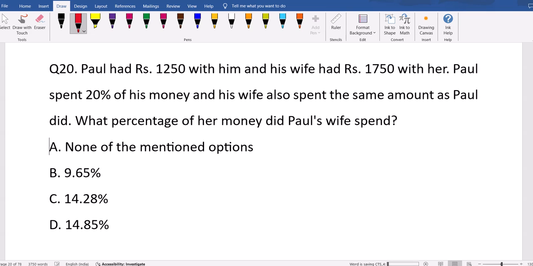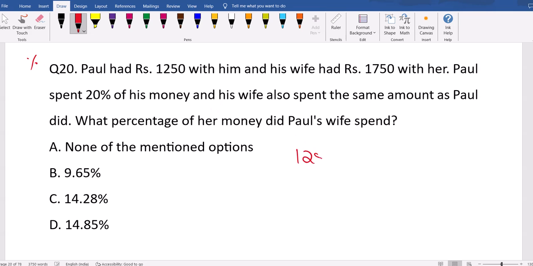Paul had rupees 1250 with him and his wife had rupees 1750 with her. Paul spent 20% of his money and his wife also spent the same amount as Paul did. What percentage of her money did Paul's wife spend? See, good question, a percentages related question.